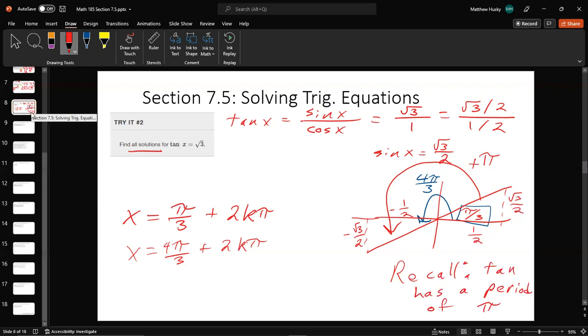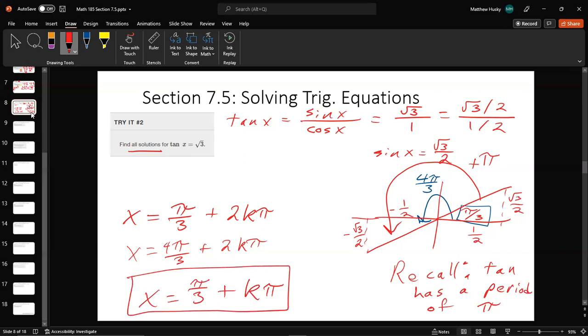This is something special about tangent: you can say this is pi over 3 plus k pi, because you can just go half turns around and get all of the solutions, including the secondary one from the unit circle, 4 pi over 3. So tangent is a special one where you can just add multiples of pi, and that will give you all the possible solutions that you could want.